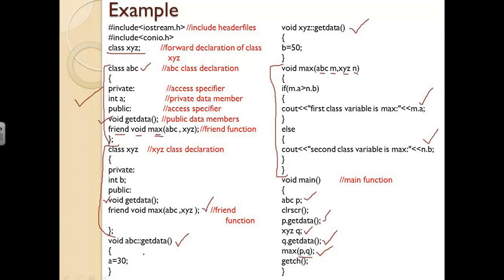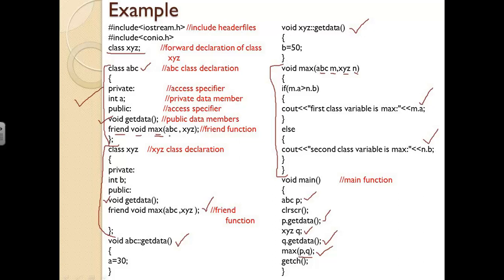When you go for the friend function definition, it is like a normal function definition. It won't have the scope resolution operator, and at the same time it won't have the friend keyword either. Obviously your friend function will have arguments, so the arguments will be passed.